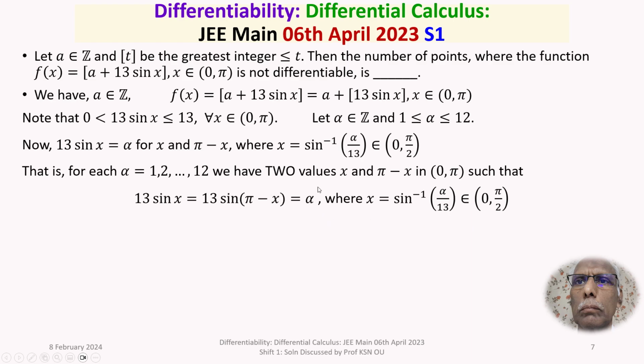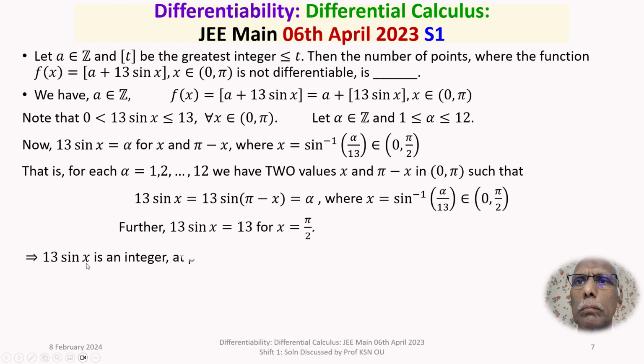So you get 12 values in 0 to pi by 2 and 12 values in pi by 2 to pi, where 13 sin x is equal to alpha. Further, at x equal to pi by 2, 13 sin x is equal to 13.